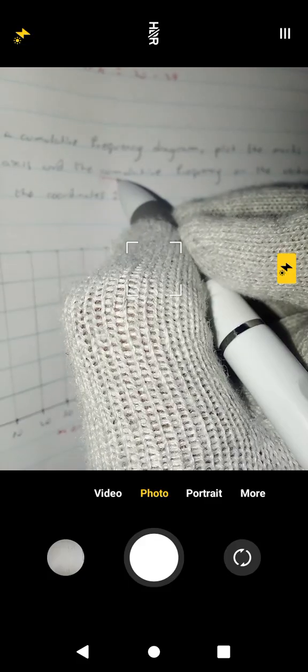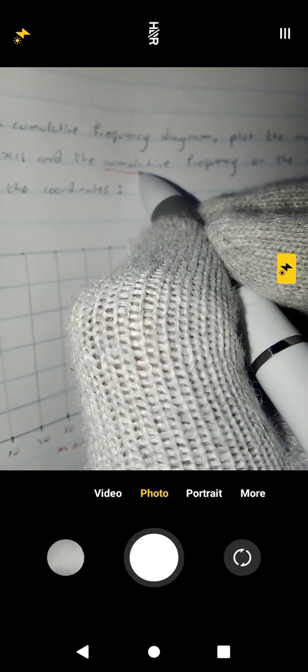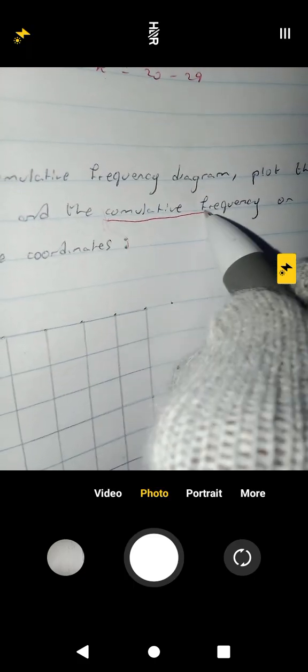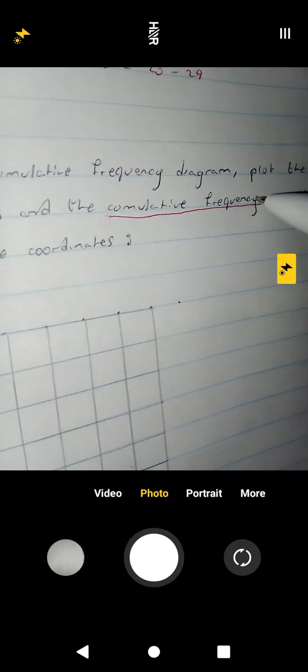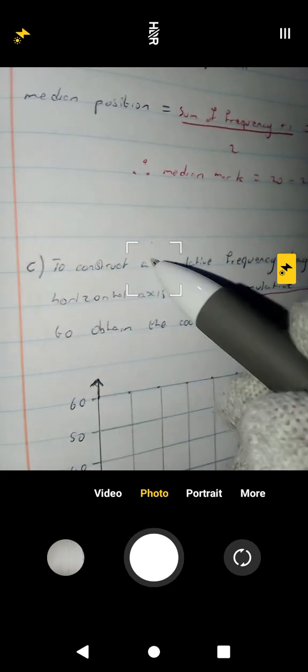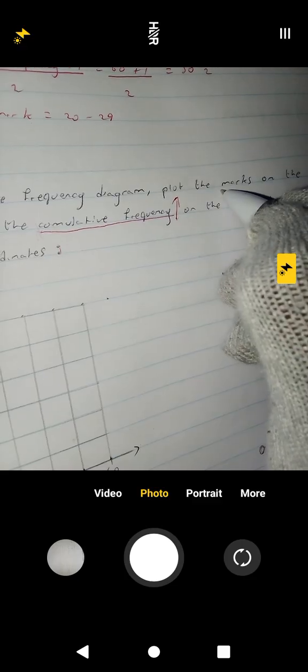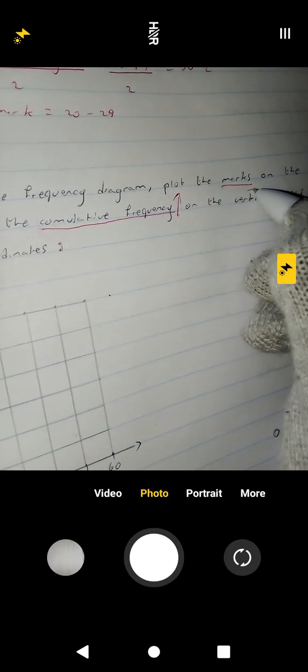So it's the cumulative frequency on the vertical axis, and then it's the marks on the horizontal axis.